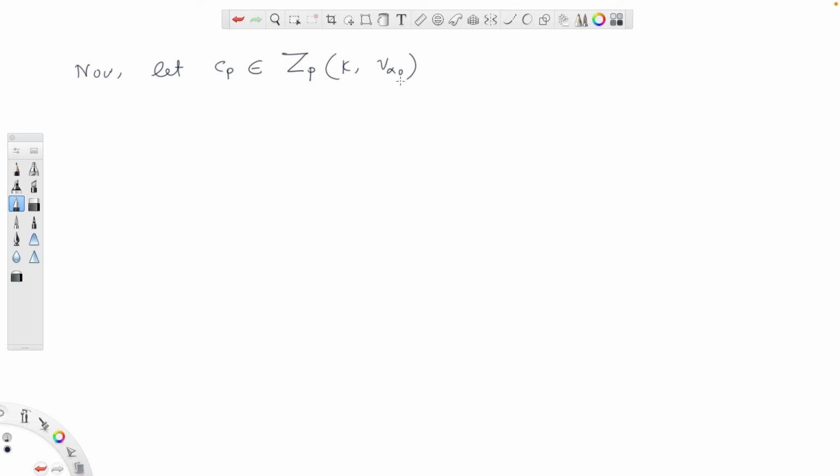Okay, then ∂p c_p is carried by V alpha 0, which follows from the definition of relative p cycles, right? So what is this? This is a p minus 1 chain, right?